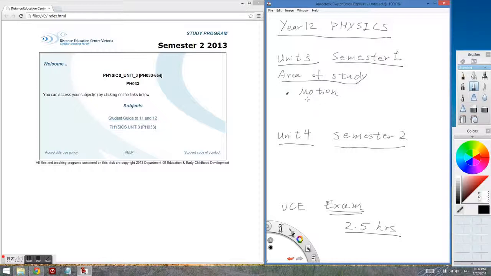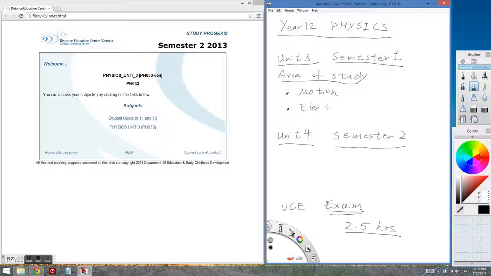Every year, students think motion has the most difficult questions in the exam. It involves your Year 11 knowledge plus some more: Newton's laws, circular motion, projectiles, and something more. We will cover it later.